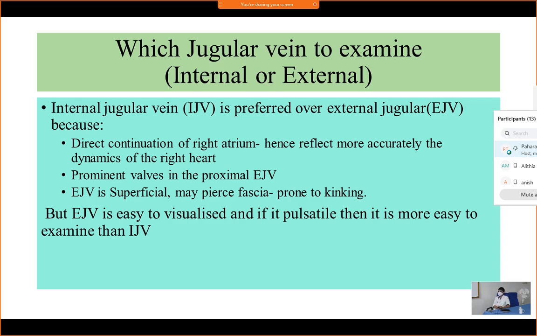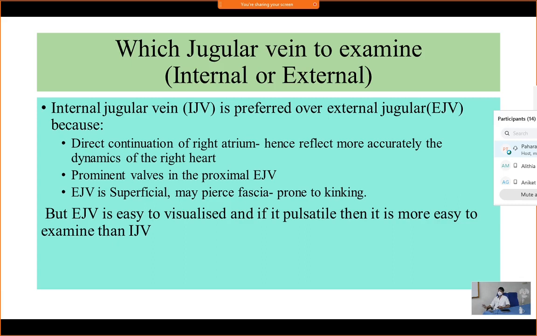That's why we avoid examining the external jugular vein. Also, the external jugular vein is superficial, and it pierces the deep cervical fossa. So if you move the neck sideways, or flex or extend it, or make the superficial muscles taut, it may affect the flow in the external jugular vein.